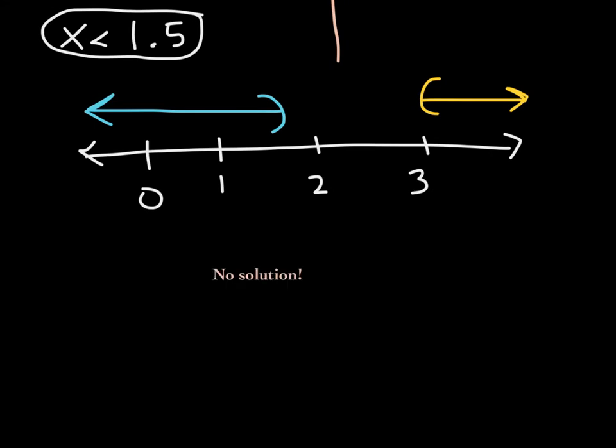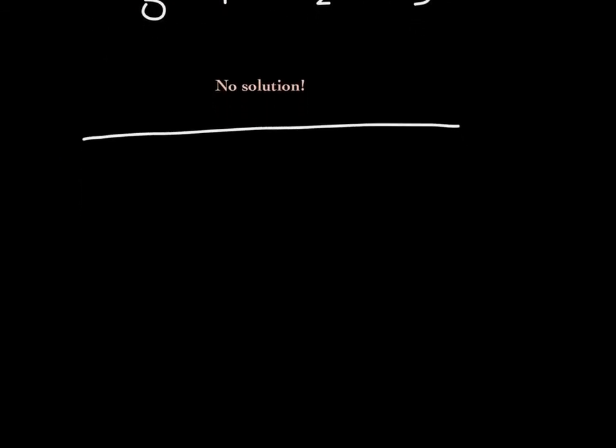Now, the way you would show no solution in a final graph, this up here, everybody, is not your final graph. That was just me brainstorming. So let me take that off the screen. The way you would show no solution on a graph, it's kind of funny, is like this. Let's say this is your graph and you want to show no solution.